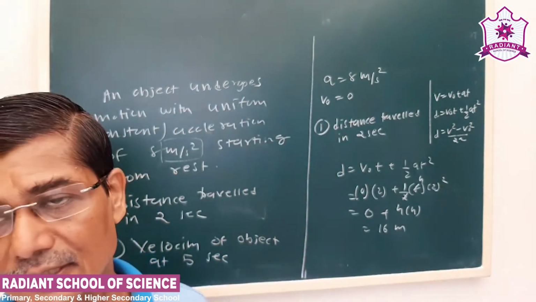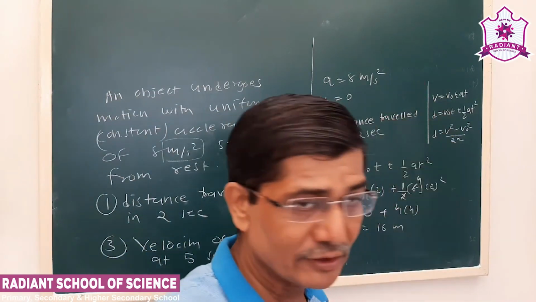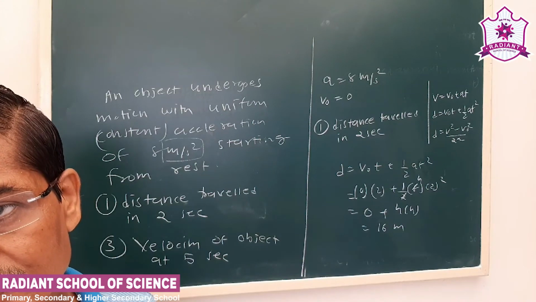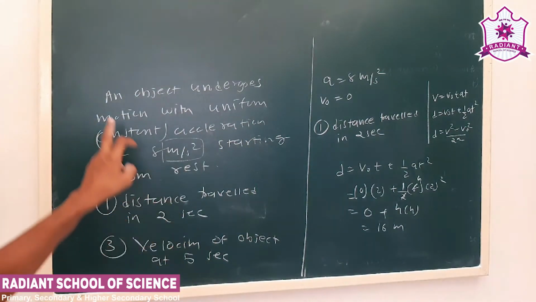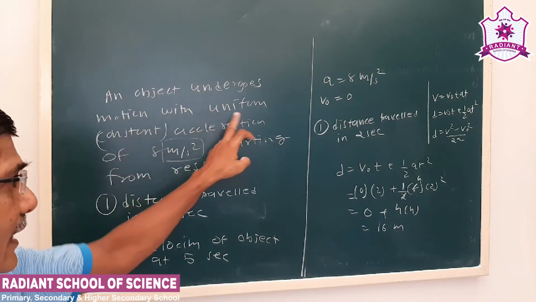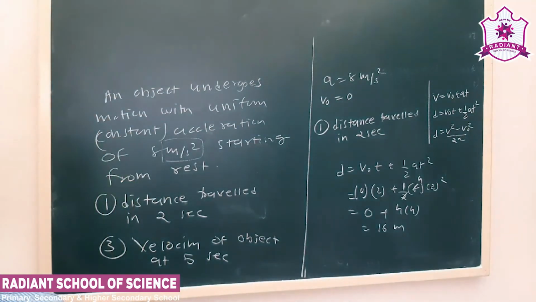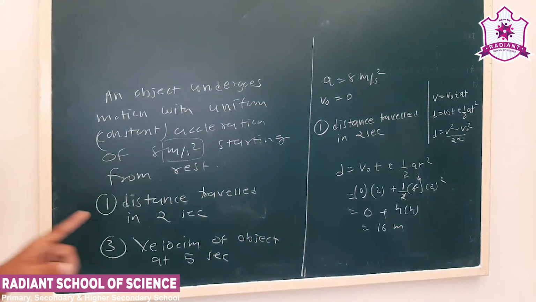Half marks are for the final answer. This is how we have to visualize what data is given to us and what we have to find out. Whenever we come across a question, we should read the data like this. This is our answer to the first part.